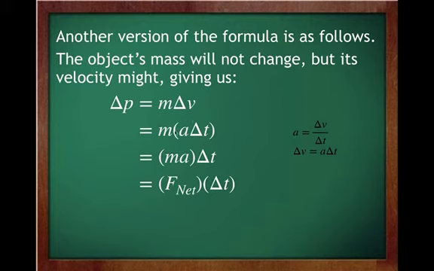This is just all multiplication, which is commutative, meaning it doesn't matter the order in which we group them. So if instead we bracket the m and a, that's our definition for our force. So there's our F net times our delta t, which is that same thing we defined for impulse in the first place.